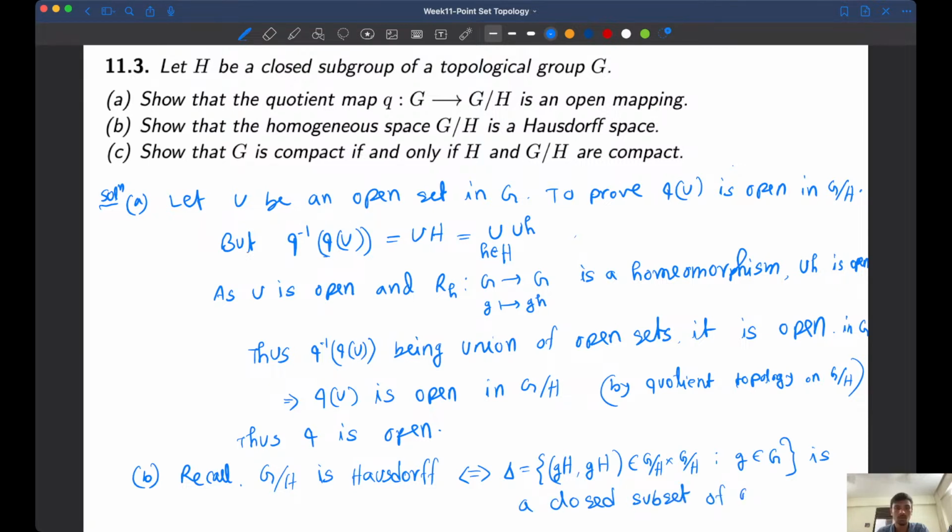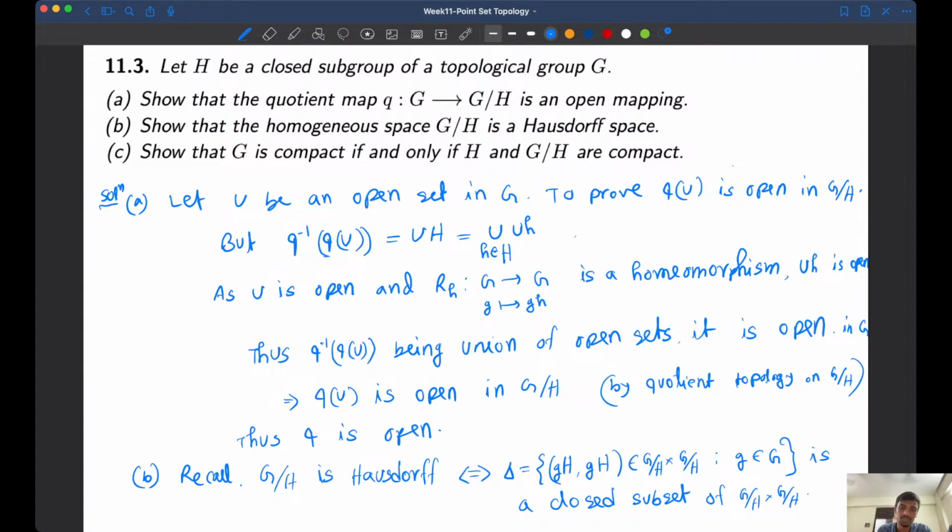And the proof is again not that hard. Hausdorff means for distinct points you have distinct neighborhoods. That will imply the complement of this set is open. What is the complement? It consists of all points (g1H, g2H) such that g1H and g2H are not equal.